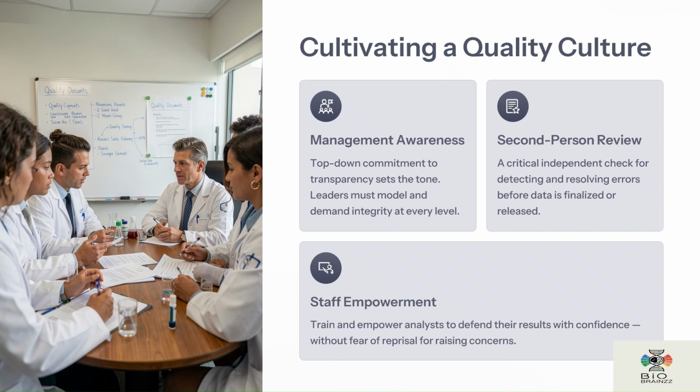Fresh review often helps identify errors before data is finalized. Organizations should also empower employees to raise concerns without fear of punishment. When people feel safe reporting issues, problems are detected earlier and corrected more efficiently. A strong quality culture transforms data integrity from a compliance requirement into a daily habit.